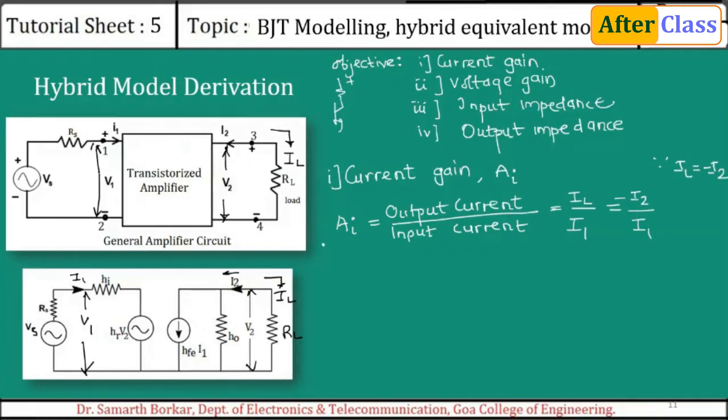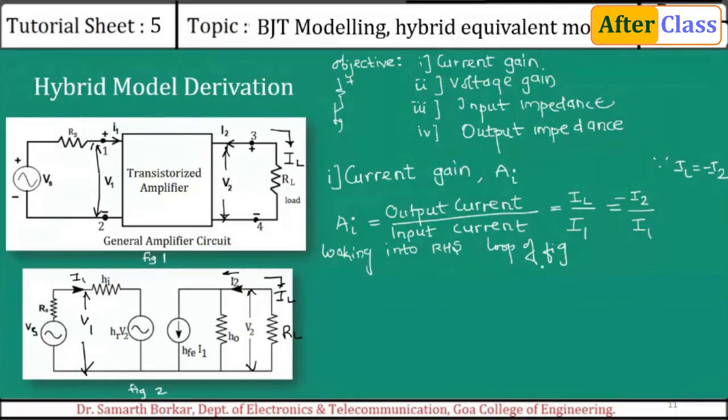Then looking into the right hand side loop of the figure, we'll mark this as figure 2, otherwise there will be confusion. Figure 2, and this is figure 1.